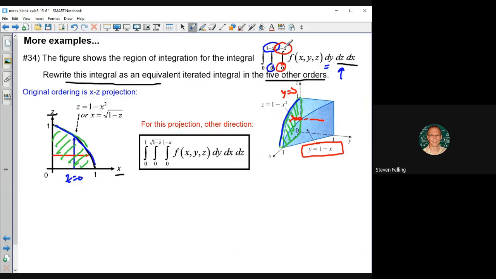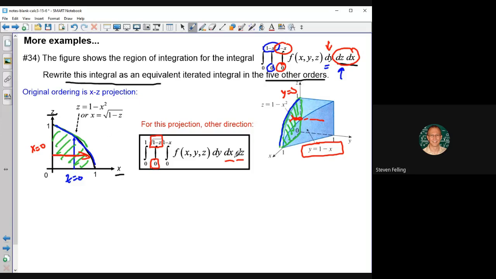So the first thing we can do is keep y as the inside and reverse this order. Let's go x first, then y. If we do that, all we're doing is changing the arrow to this direction, which means we start at x equals 0, and we stop at this same curve, except solved for x. So if z is 1 minus x squared, then if you solve this for x, you get the square root of 1 minus z. So you would go from x is 0 to x is the square root of 1 minus z.